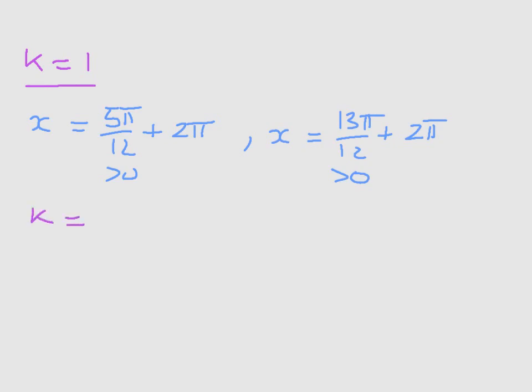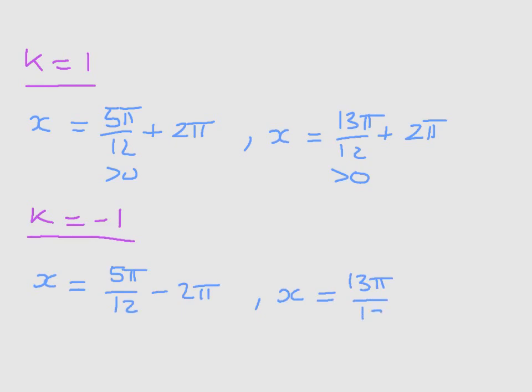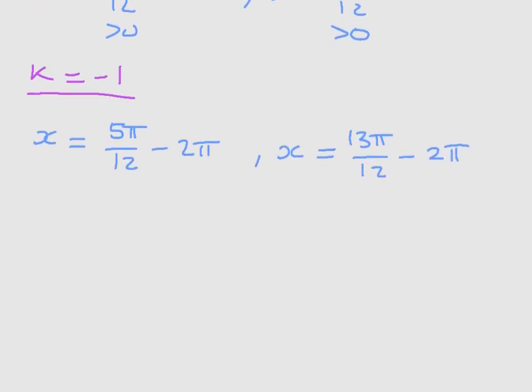If we now consider k equal to negative 1, the first solution is going to lead to x equals 5 pi over 12 minus 2 pi, and the second solution will lead us to x equals 13 pi over 12 minus 2 pi. And both of these solutions will be negative because 5 pi over 12 is less than 2 pi, and so is 13 pi over 12.